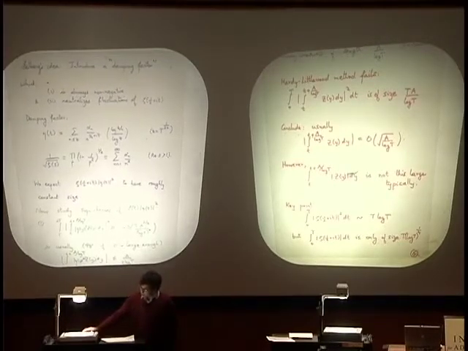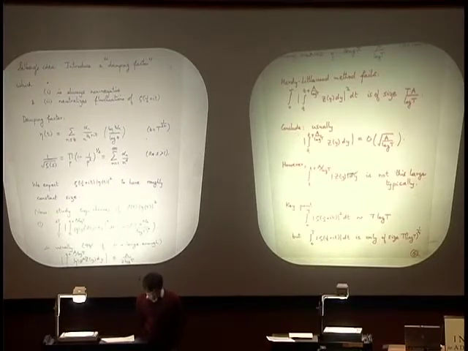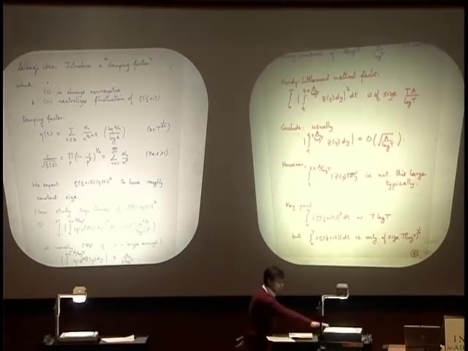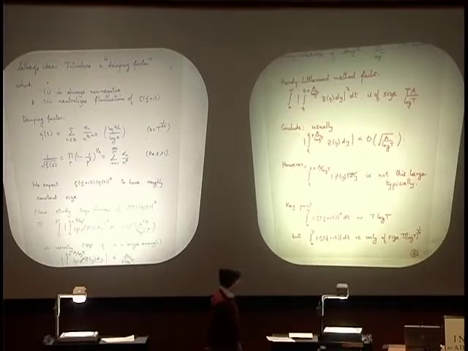And the idea of a damping factor is it's a quantity which is always going to be non-negative and which will have the property that when you multiply it by zeta of half plus it, you get a function which is usually of constant size, so that it will neutralize this discrepancy between the first and second moments that you see.